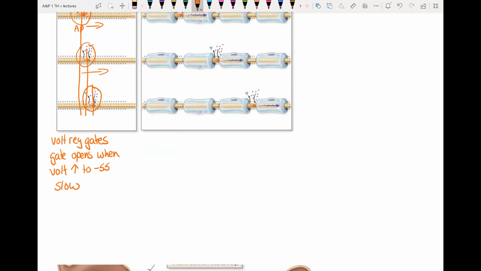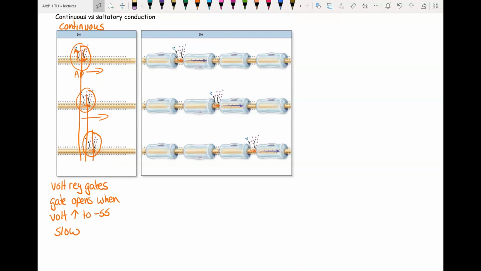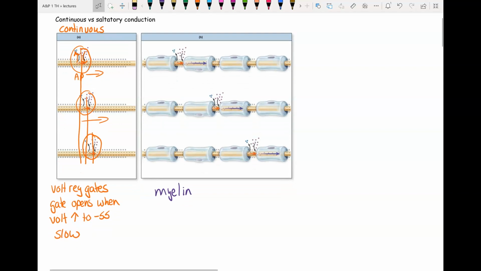Most of your neurons have myelin. And if they have myelin, they can have saltatory conduction. Saltatory means jump. Salt means jump.